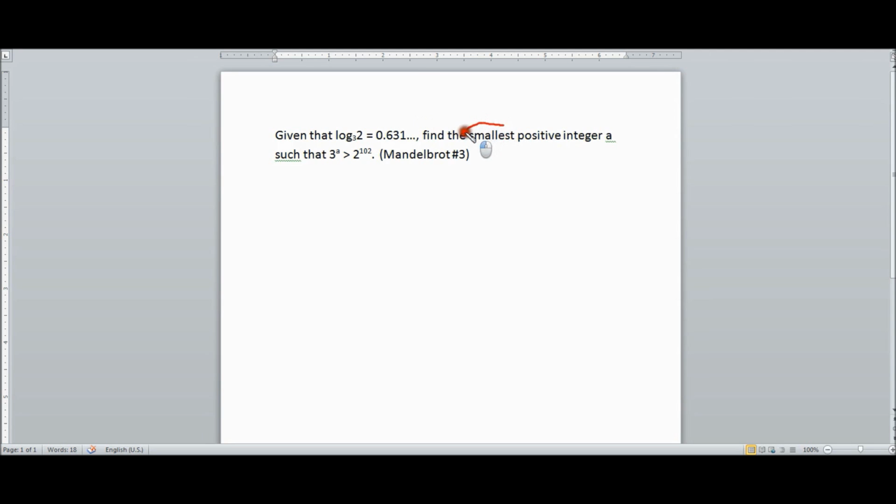Okay, so we've got a couple of key words in this problem. We've got smallest, we've got positive, and we've got greater than. Not equal to.